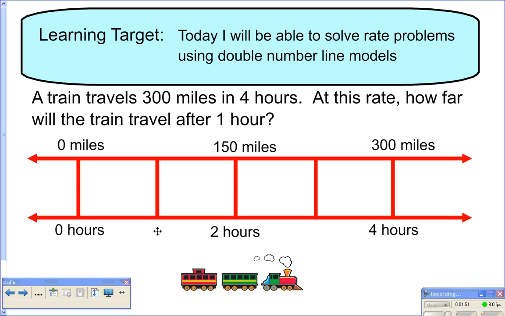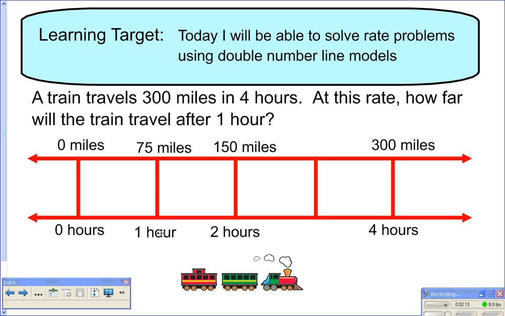Half of 2 hours is 1 hour, which is what we were looking for, our unit rate. How far will it travel per hour? Well, half of 2 is 1. Half of 150 is 75. So the train is traveling 75 miles per hour, 75 miles every hour.